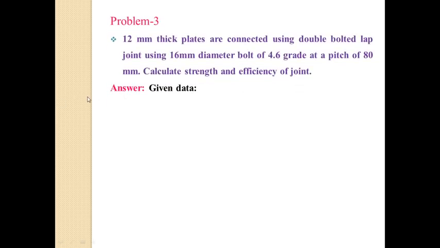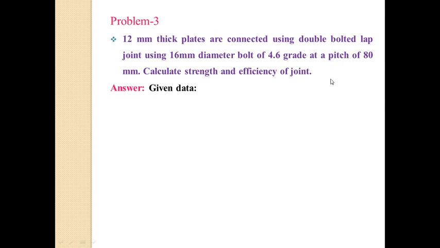So the problem statement is here. 12 mm thick plates are connected, both plates having a thickness of 12 mm, using a double bolted lap joint. Here a double bolted lap joint is used, which means we have to consider the double shear strength of the bolt. A 16 mm diameter bolt is given, grade 4.6, and the pitch is 80 mm, already given.